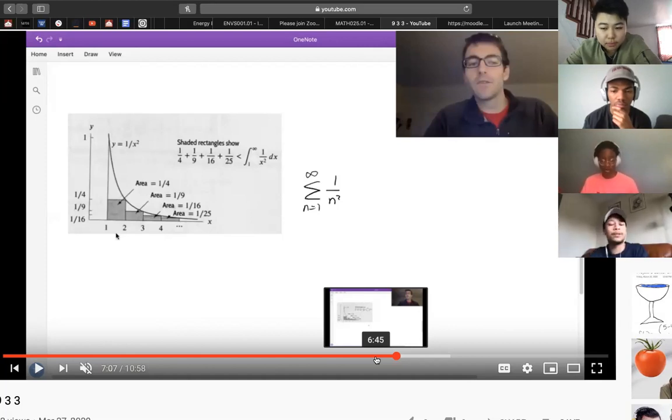If the integral converges, then the sum will also converge. But if the integral diverges, the sum, or the series, will also diverge.